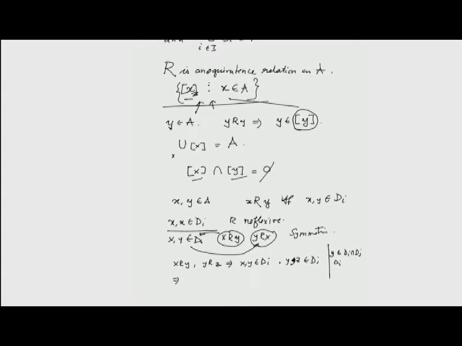We know that d I intersection d j is phi if I is not equal to j, which implies that I equal to j. So, we can say that x comma y comma z belongs to d I, which means that x is related to z. Therefore, we have transitivity over here.